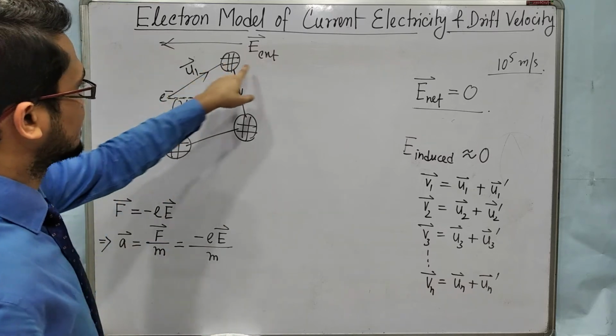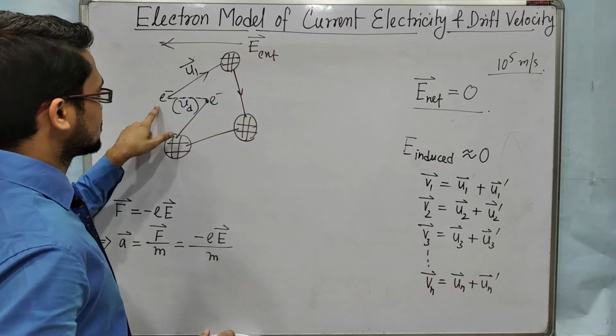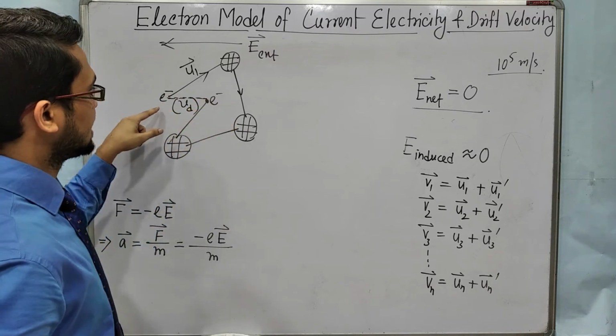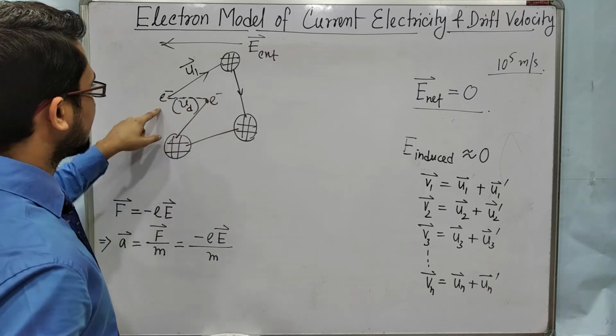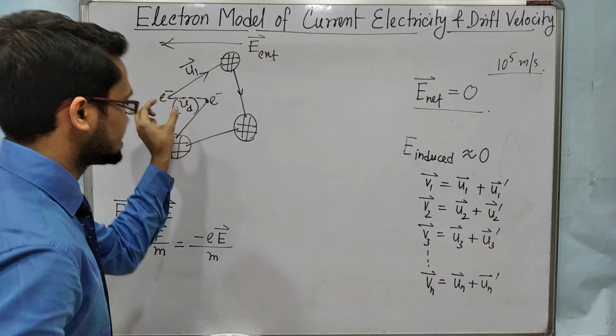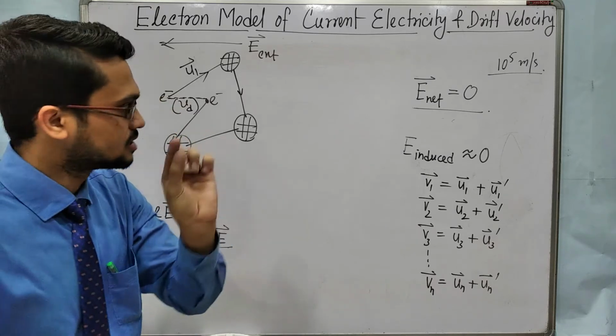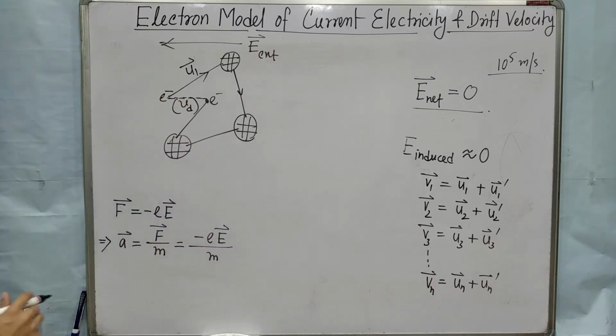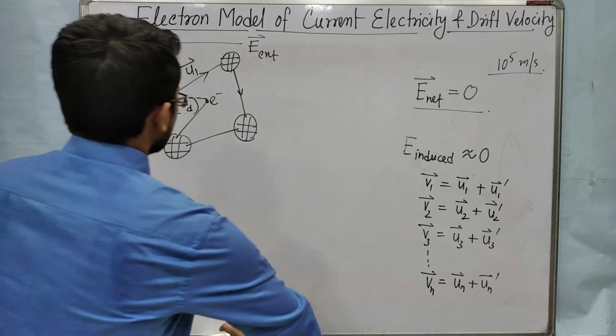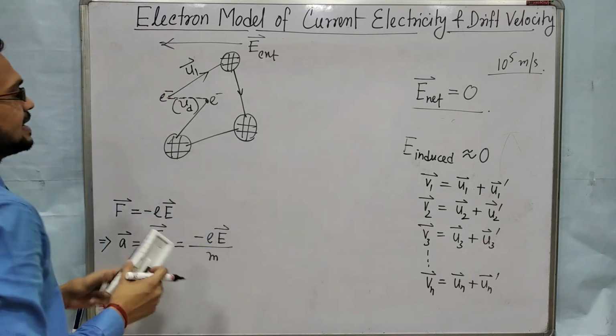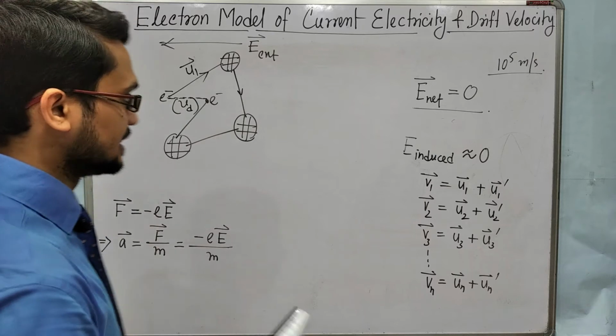But due to the external electric field, the electrons are drifted in the opposite direction of the electric field, so it moves by some distance which is very, very small. Clear? So now we will see how Vd is related to the external electric field.